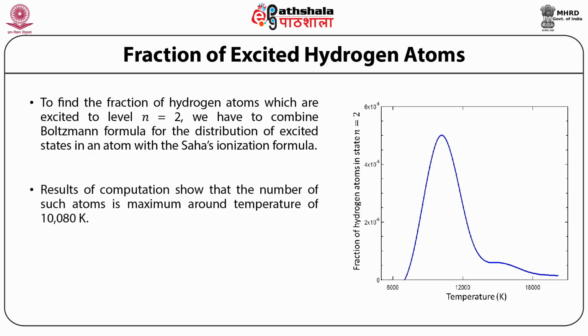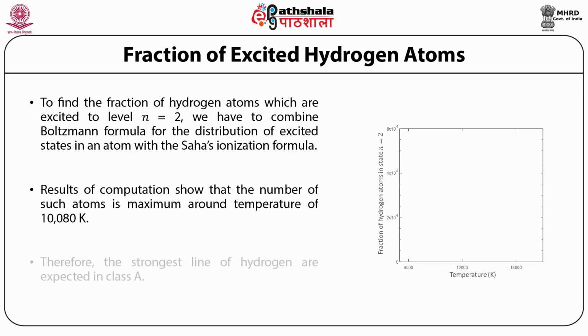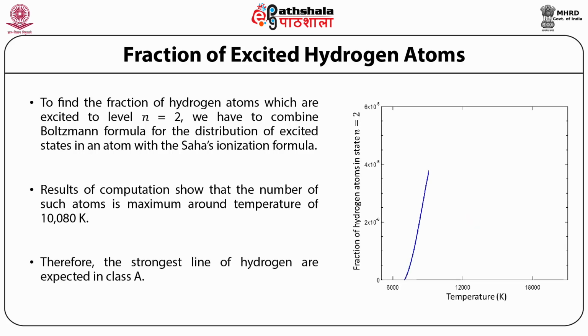The results of computation show that the number of such atoms is maximum around a temperature of 10,080 Kelvin. Therefore, the strongest line of hydrogen is expected in class A.